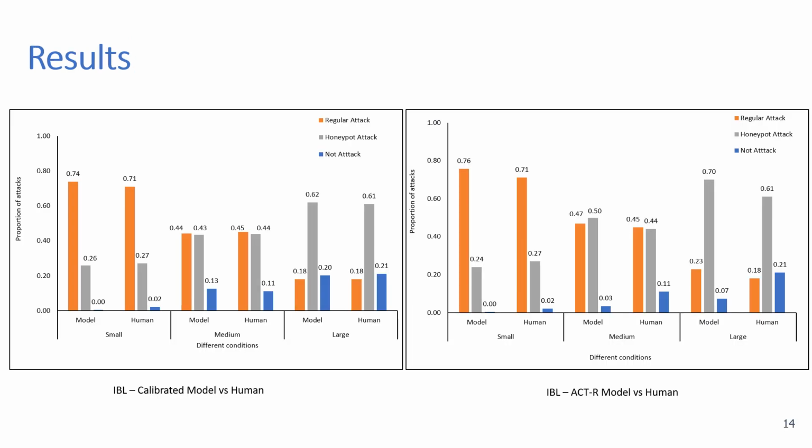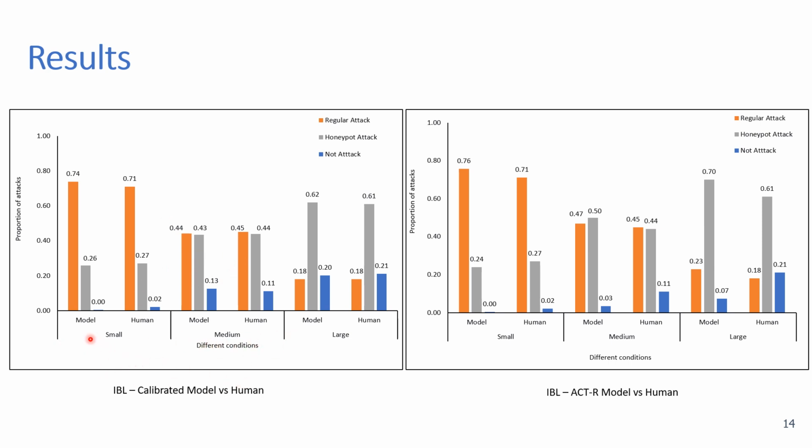Next, these are the results for both the models, and we can see both the IBL calibrated and the IBL ACTR models perform similarly across all three kinds of actions: regular attack, honeypot attack, and no attack action.